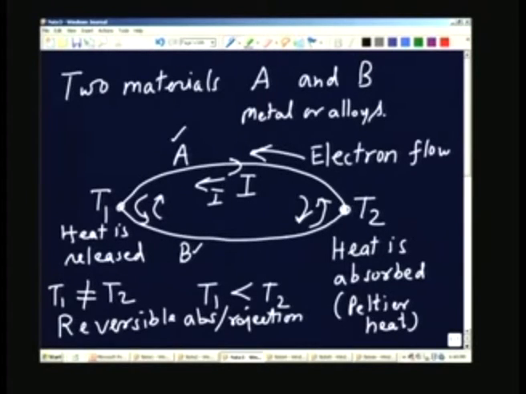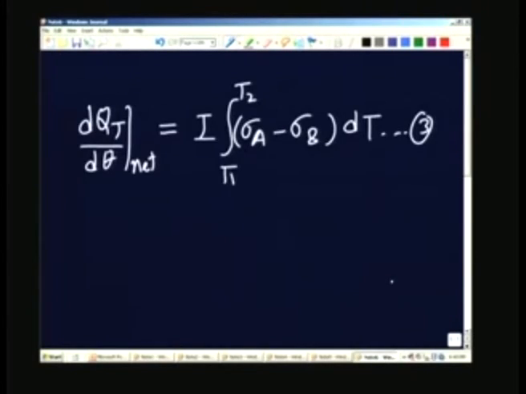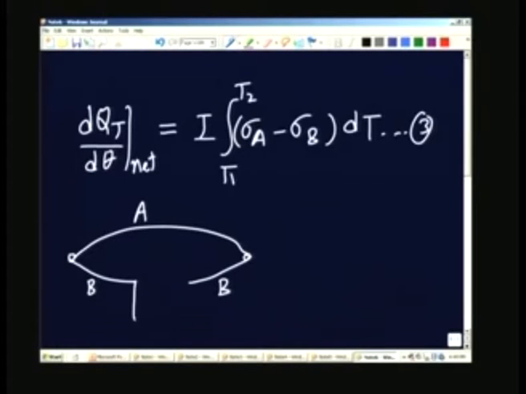Now, let us look at what is going to happen if I do the following. Suppose I take the same circuit, this is made of material A and this is made of B, and I am going to introduce a cut. That means that there is no current. It is observed, again T1 and T2 are the two temperatures, that a potential difference will appear across the cut.